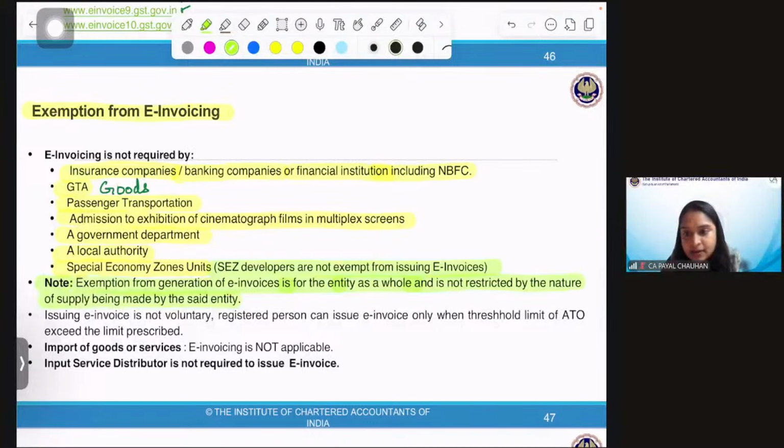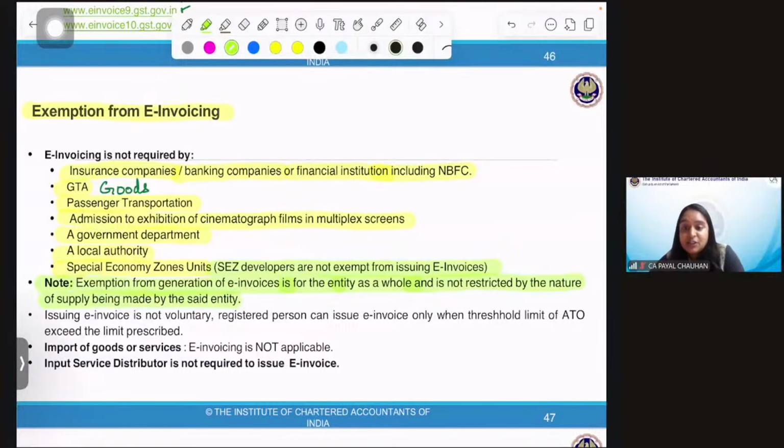Please tell me the reason for putting these under the exempt list. Perfect. Anil says these entities have n number of transactions, and for them uploading an e-invoice is not very easy. That's why we have exempted them. So this is the reason, Anil.